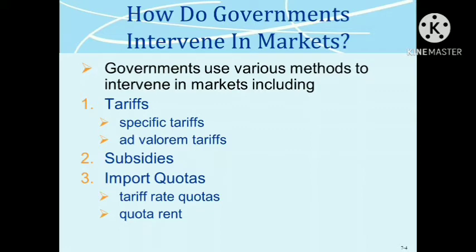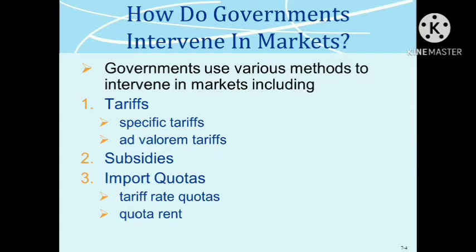Governments use various methods to intervene in markets. One is tariffs, of which we have two types: specific tariffs and ad valorem tariffs. The second is subsidies. Three, import quotas.